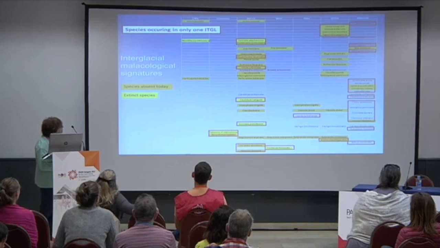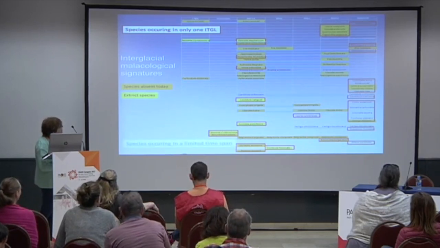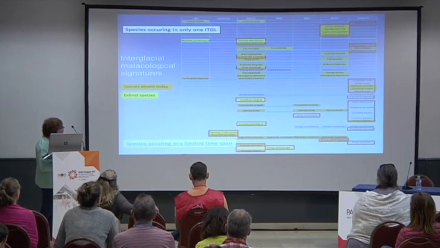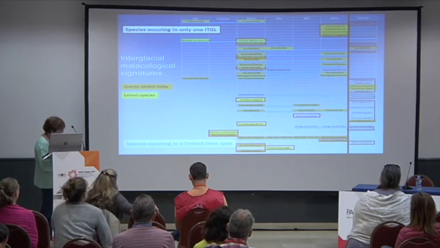First, there are some species that occur only in one interglacial. Then you have species that occur in a limited time span. And again, what is shown by this table is that the main difference occurs between the Holocene and the signature of the other, older interglacial periods.